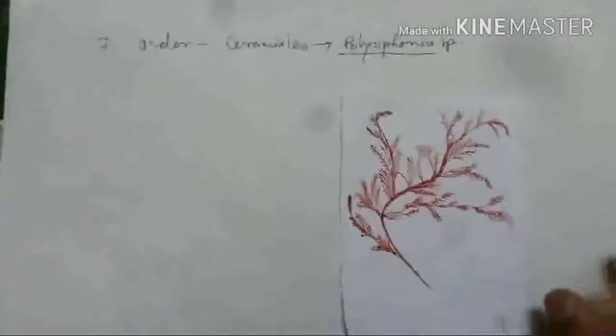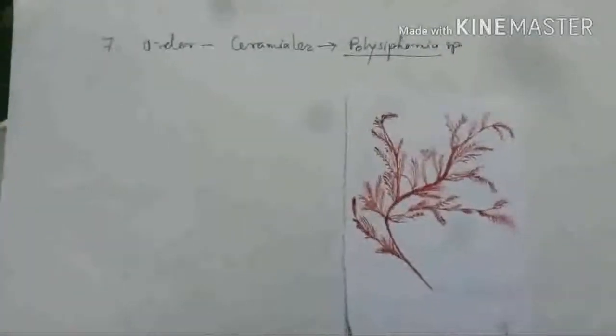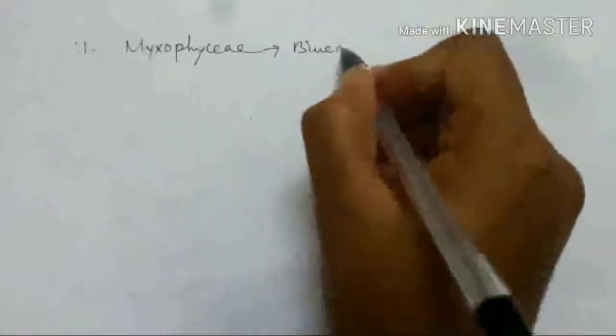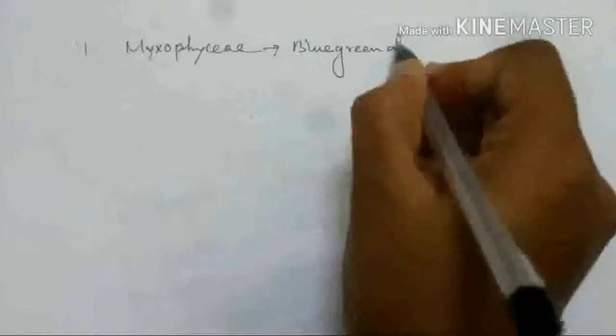Now the last class is Myxophyceae, which is also called blue green algae or Cyanophyceae.